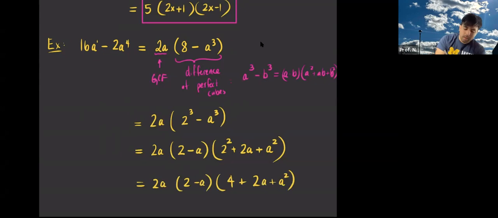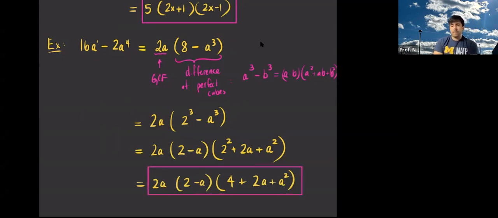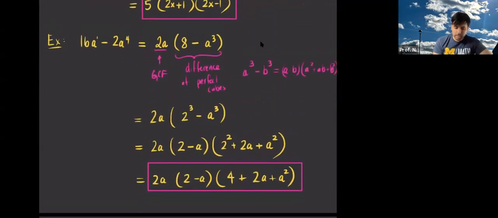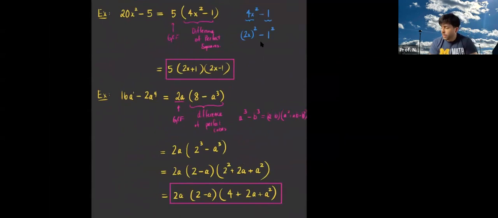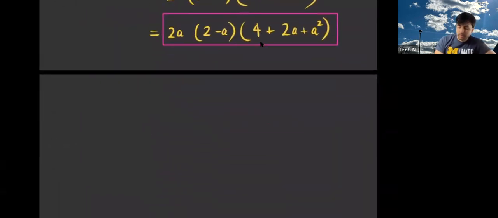And that's it. And so I have factored the expression 16a minus 2a to the fourth as much as possible. I did it. Any questions about factoring completely of these two examples here? No questions? Okay, that's fine.